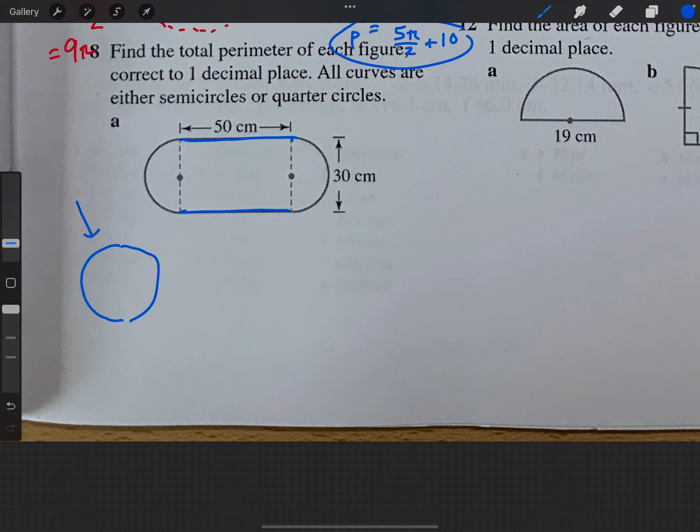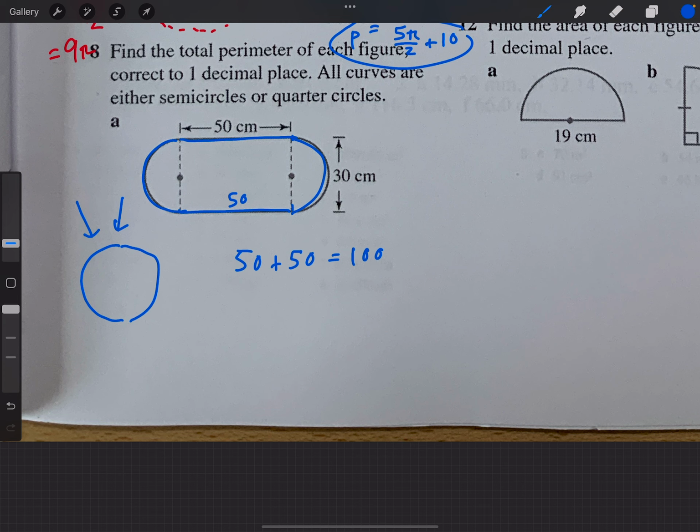Now we know the diameter of this circle is 30. They both have the same diameter. That's why we can combine these two half circles to make a full circle. First I have to do 50 plus another 50 down here. That makes 100. Then I'm going to add half a circle and half a circle, which is like adding a whole circle.